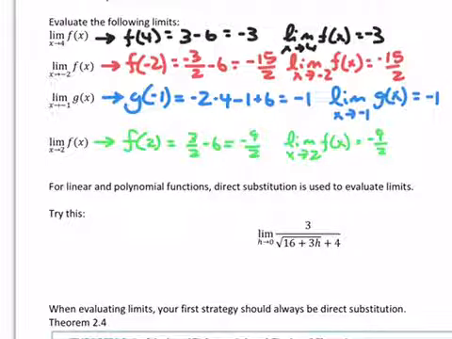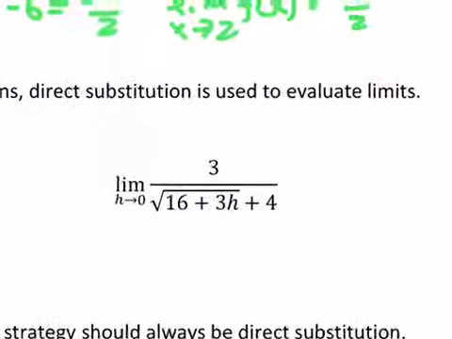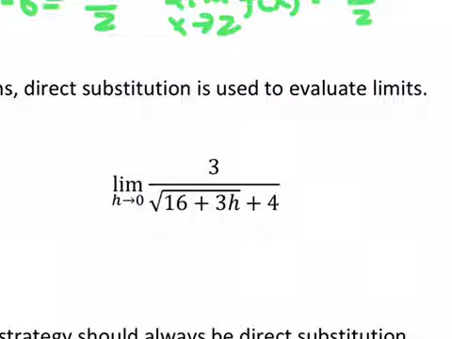Like I said earlier, like for linear and polynomial functions, direct substitution is used, and we will always try that first. That'll kind of be our first screening process. So for this example, if I want to know the limit as h approaches 0, I plug in a 0 for h, and I would get the following.